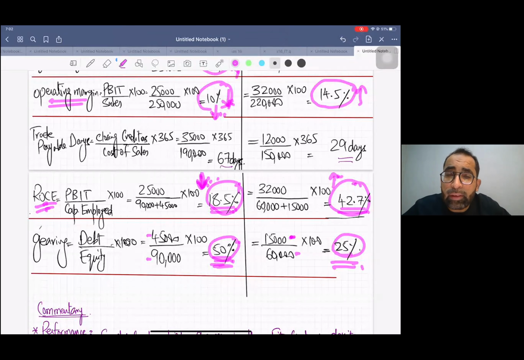Number two, when you have taken a lot of loans, high loans means high finance cost and high interest expense. And you can see I showed you that Fit company's finance cost is higher.